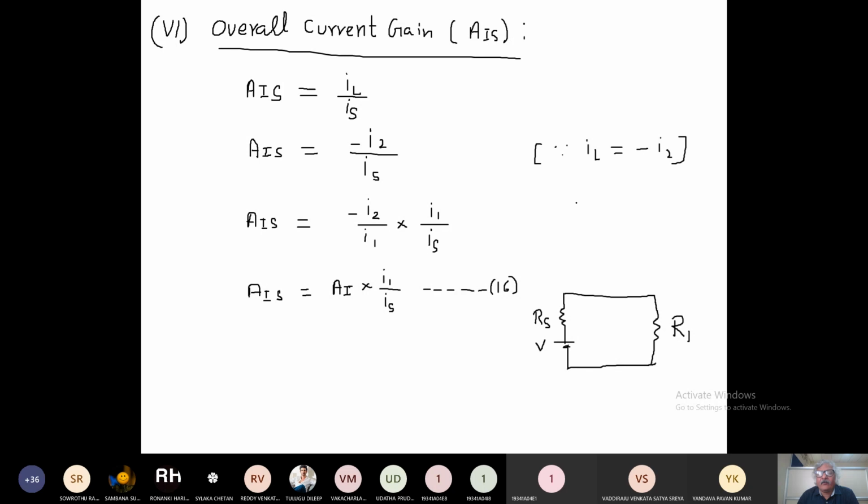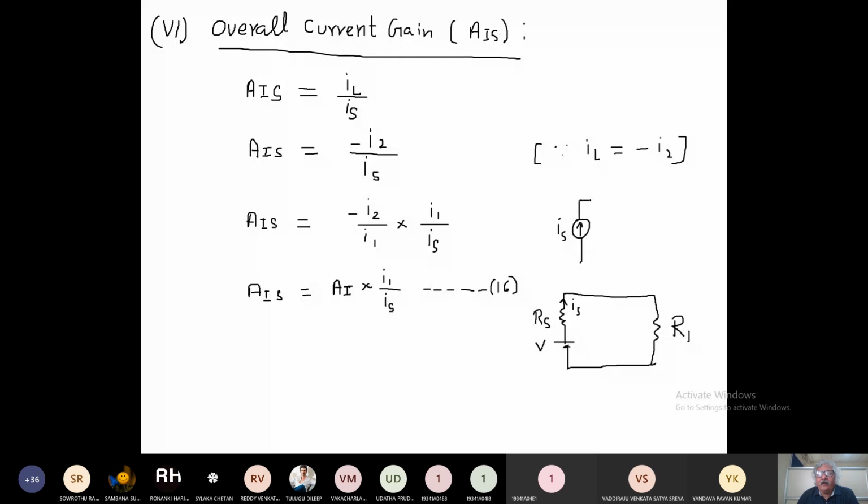We connect one current source here, and suppose this is IS. Then whatever is the resistance of this source, how shall we connect it? Can anyone respond?